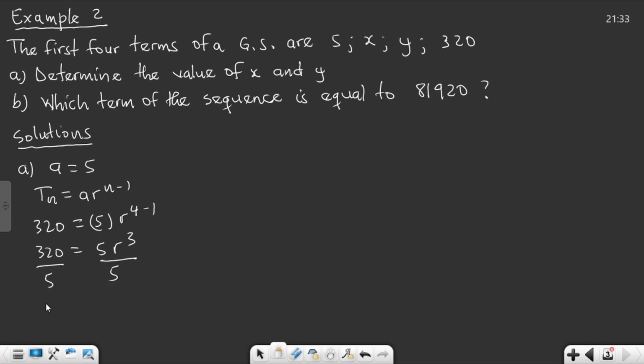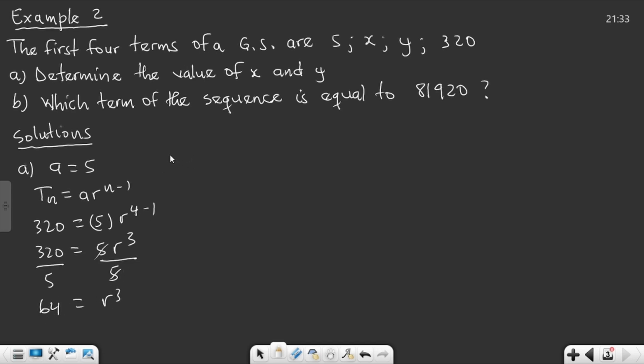And 320 divided by 5 is 64. You can check it with your calculator. And on the right side of the equal sign, you have r to the power of 3, because this will cancel. Okay, so can I change my 64 to some base to the exponent of 3?